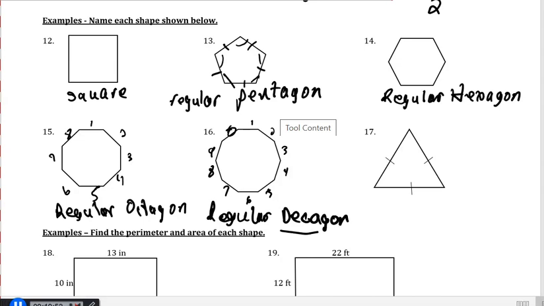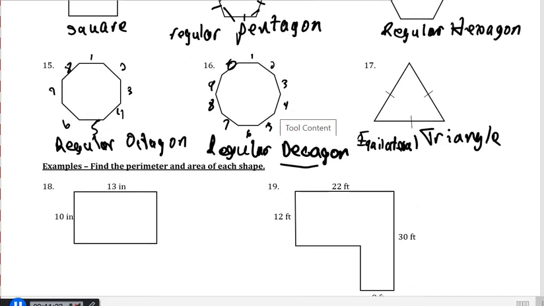All right, the deca indicating a 10. So regular decagon. And then 3, this is a triangle. The reason we're marking these is so we understand anything with 3 sides is a triangle. But if it's a triangle where all 3 sides are the same, we would want to throw in equilateral. So equilateral triangle.